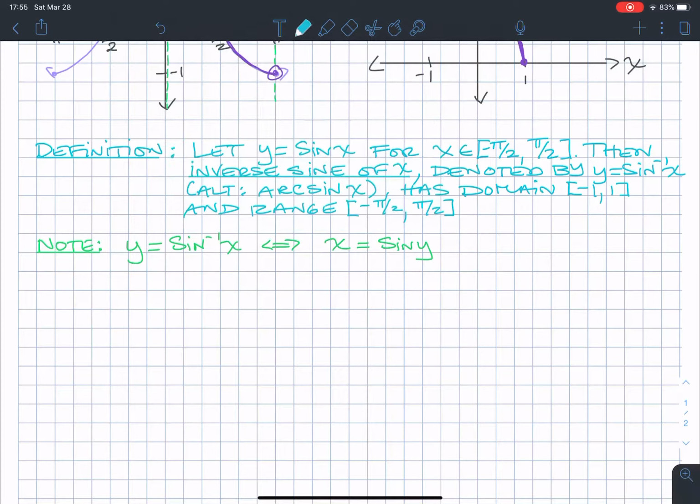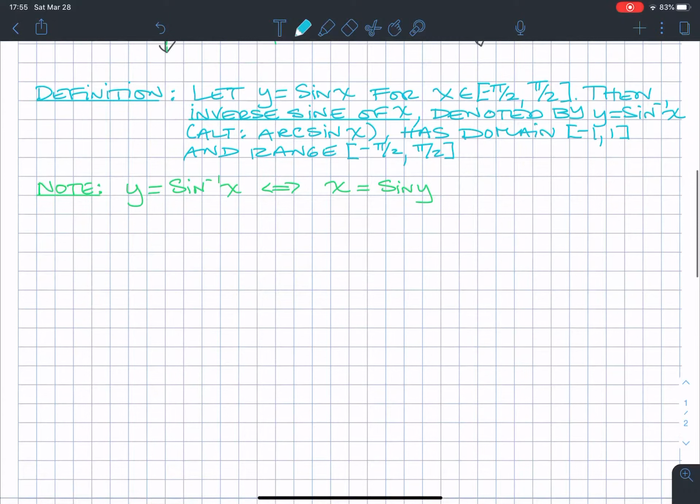Okay, so let's do another definition, this time for the cosine. So definition. So let's let y be equal to cosine of x for, what was the restricted domain for cosine?